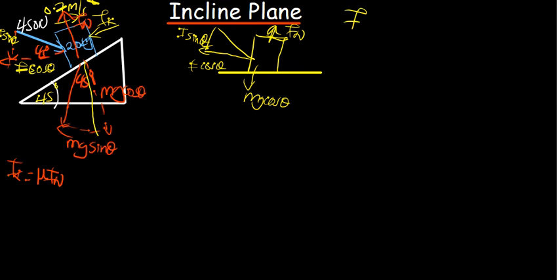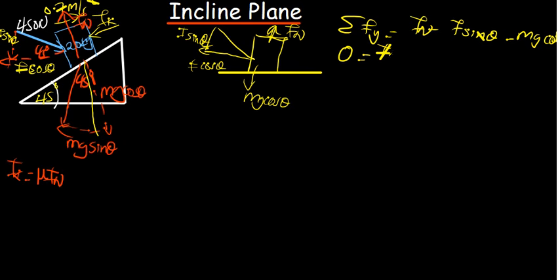So we know that the summation of forces, this object is not moving there, it's only moving in x direction. So here the summation we are supposed to get 0. We have the normal force minus F sin theta, again minus mg cos theta, equal to 0.